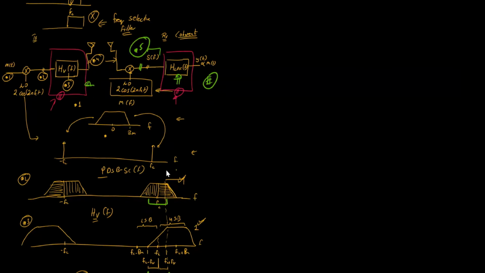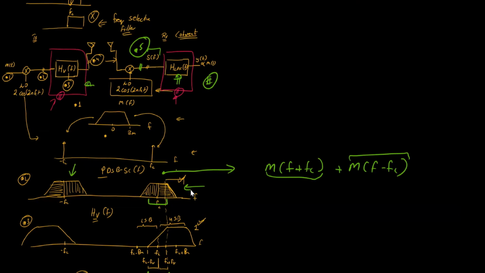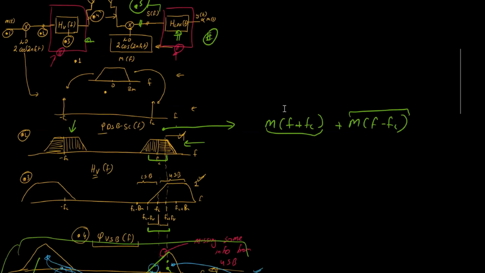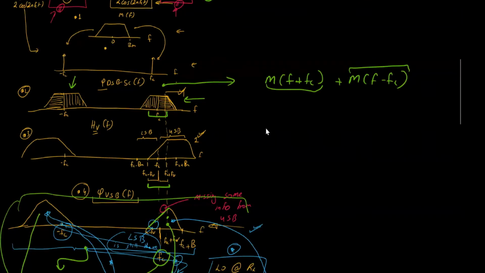So the spectrum of the double sideband suppressed carrier is nothing but M of f plus fc plus M of f minus fc, right? So basically this is appearing over here and this is appearing over here. So next we have this filter, which is HV of f, the vestigial filter.